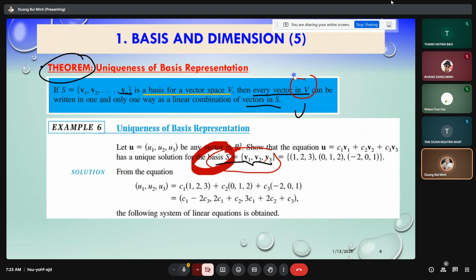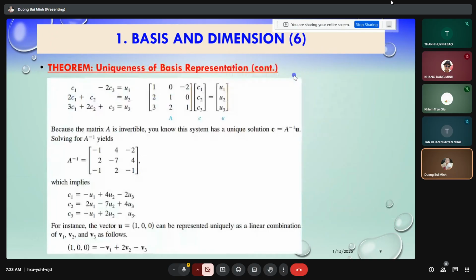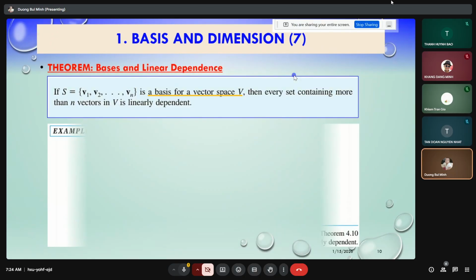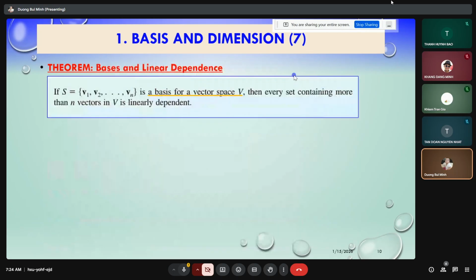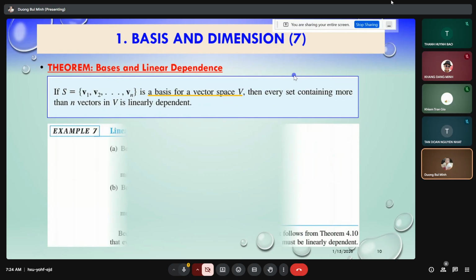We understand the spanning set. We understand linear independence. For some examples, for your reference, it's easy, right? Now, theorem.